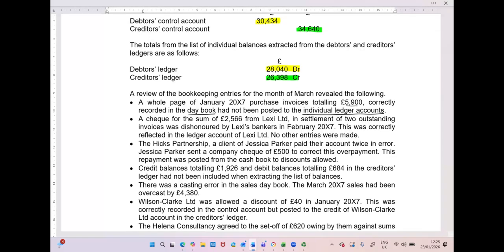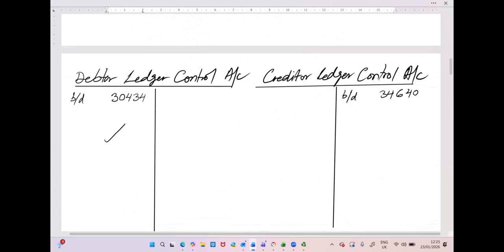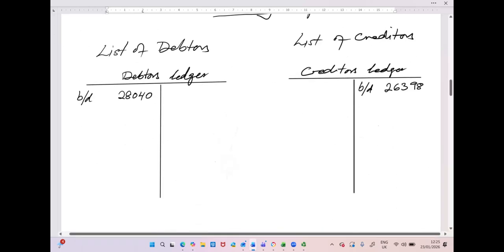So make sure you do not repeat that mistake; in fact, you find a solution. In this transaction, I have been told that 5,900 has been correctly recorded in the day books, but it had not been recorded in the individual ledgers. So it tells me that the daybook is okay, and the total of the daybook, I know, goes into the control account. So this is okay. The problem is in the individual accounts.